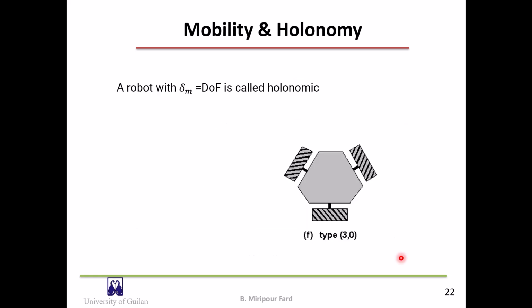The degree of mobility quantifies the controllable degrees of freedom of a mobile robot based on the constraints applied to wheel velocities. If the degree of mobility is equal to the total degrees of freedom, then the robot is said to be holonomic. A holonomic robot, like this robot, can directly control all velocity components.